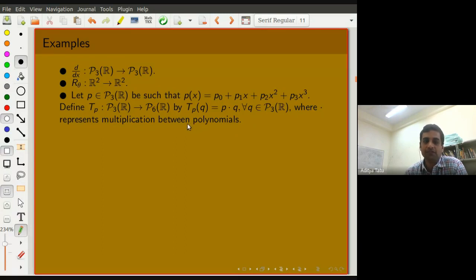So in principle, this is a linear transformation. Should we do this? Okay, let's do it.